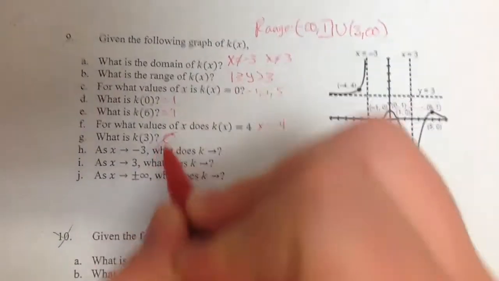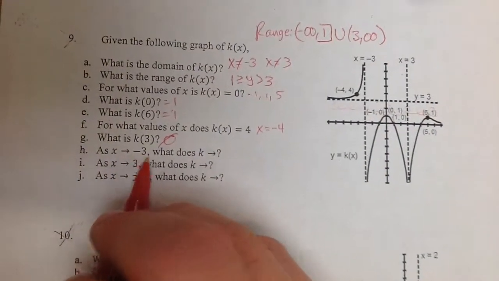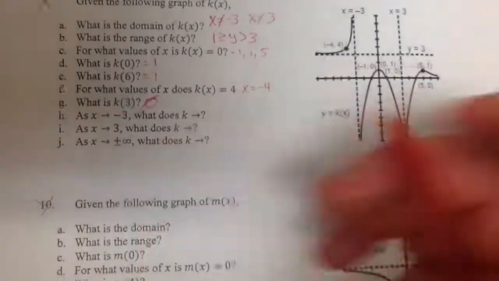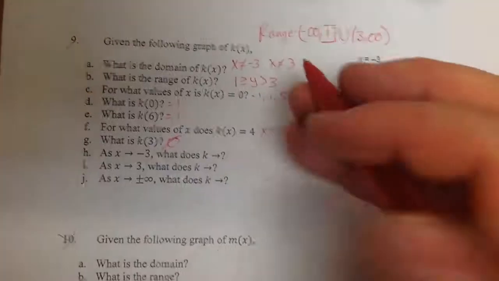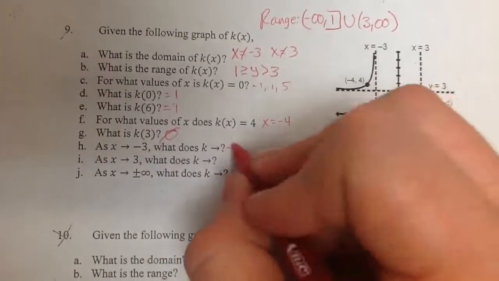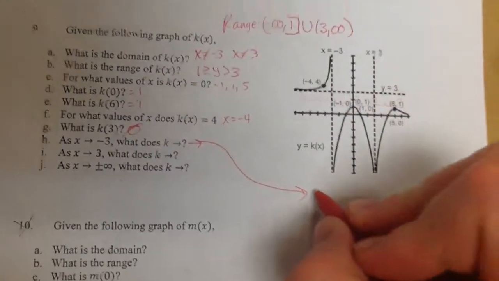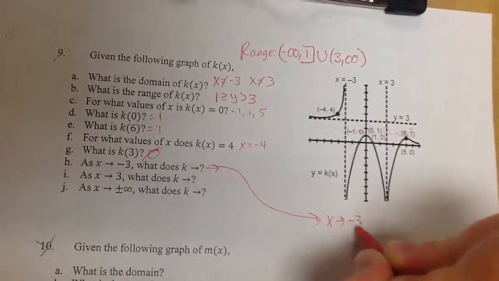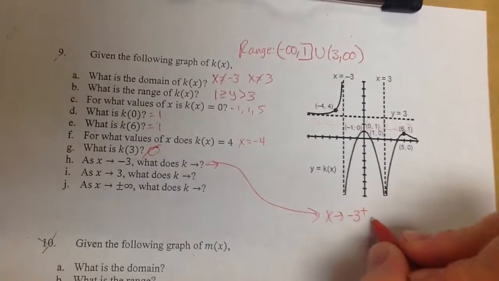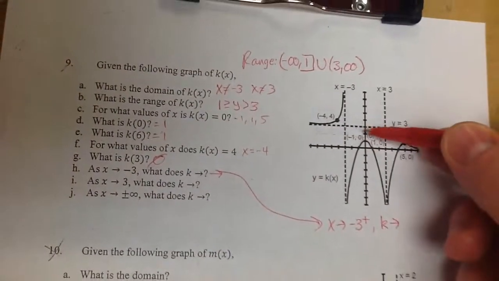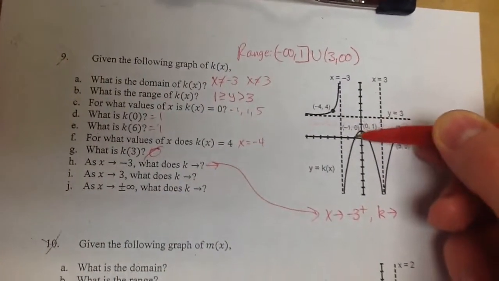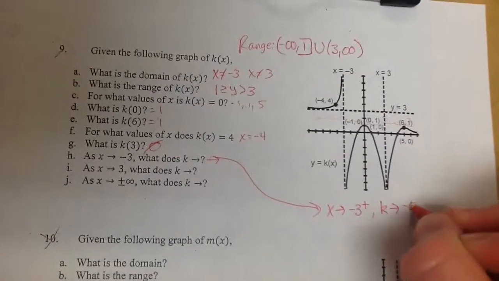Nothing. As x approaches negative 3, y, or k, whatever, approaches, this is one where there's 2 answers. So you have to go, let's write it over here. As x approaches negative 3 from the right, k will approach, let's see, if I go from the right towards negative 3, I'm following the line, I'm going down to negative infinity.